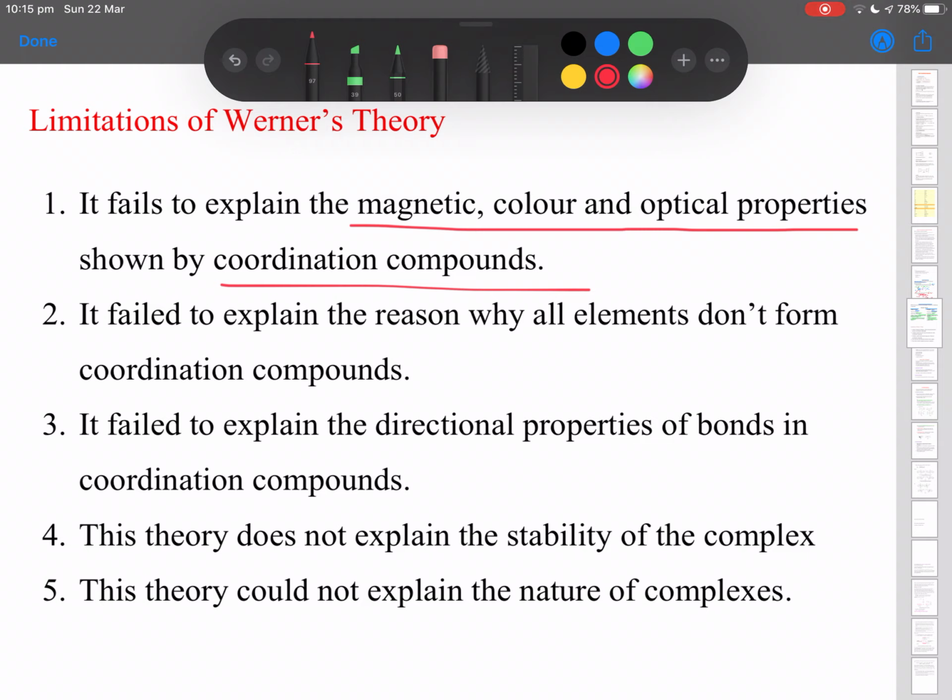Fine. He also failed to explain the reason why all elements do not form coordination compounds. And the next very important thing is he also failed to explain the directional properties of the bonds. That means how are they spatially arranged? What could be the different isomers?